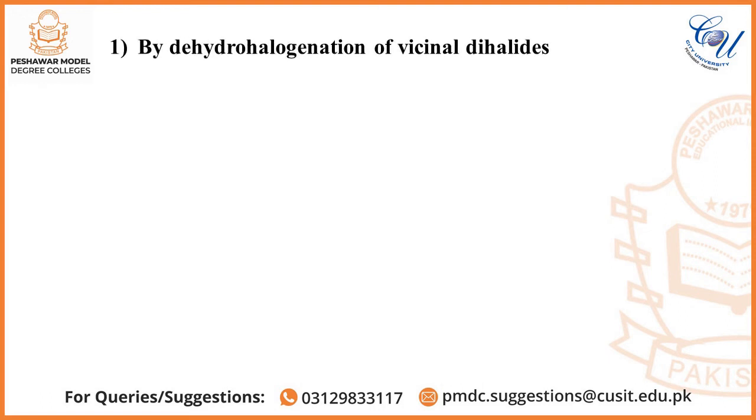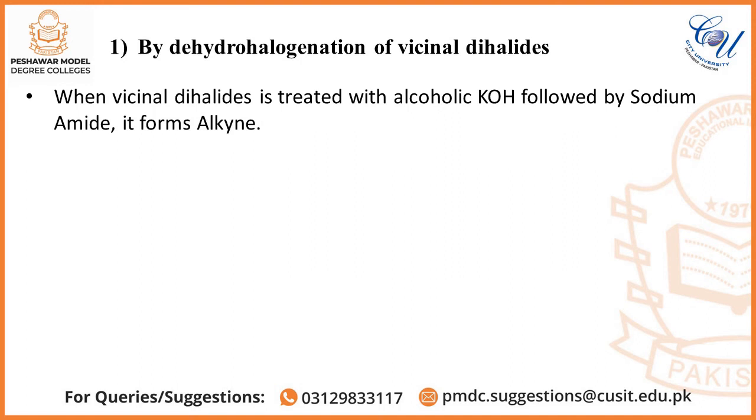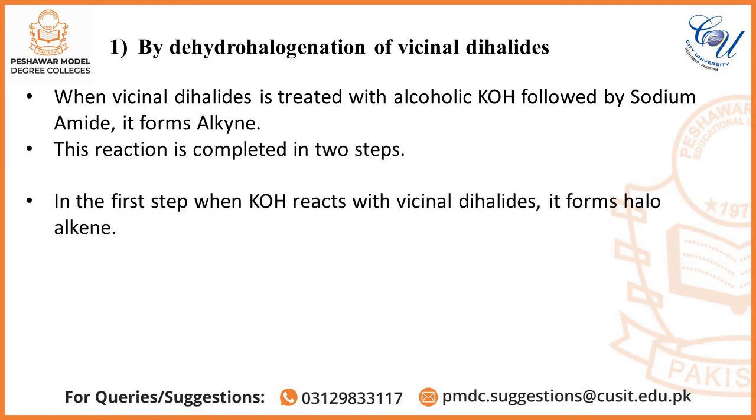Now coming to the method, that is dehydrohalogenation of vicinal dihalide. When vicinal dihalide is treated with alcoholic potassium hydroxide followed by sodium amide, it forms alkyne. This reaction is completed in two steps.